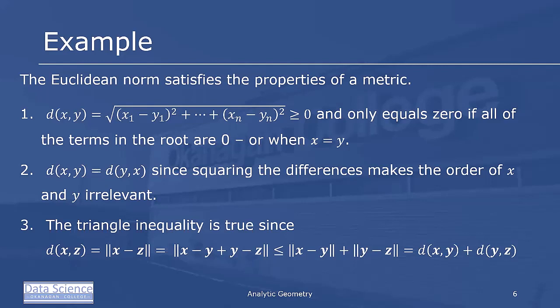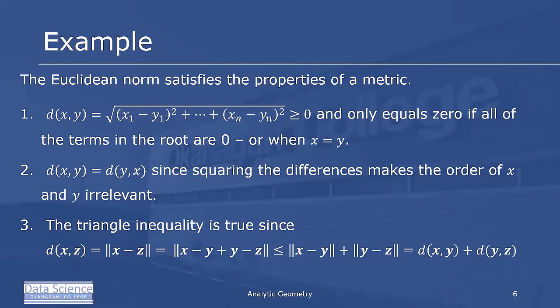When we take the root of a nonnegative number, we get a nonnegative number. And of course, this will only be 0 if all of those terms inside the square root are equal to 0. That only happens when x equals y, which means that our distance is positive definite.